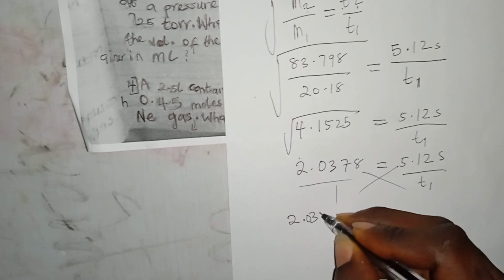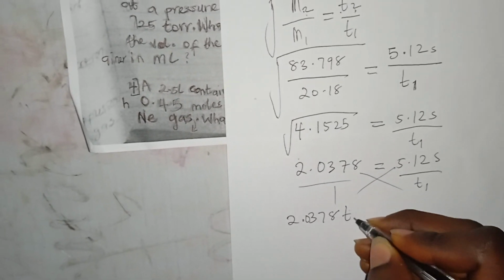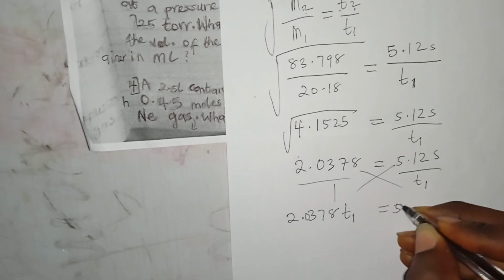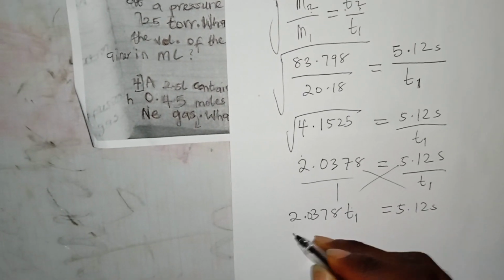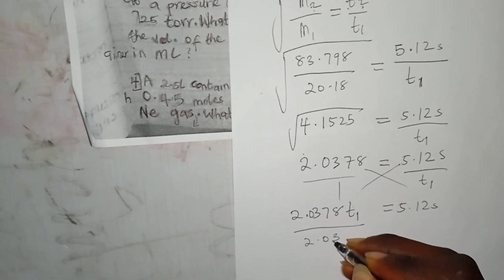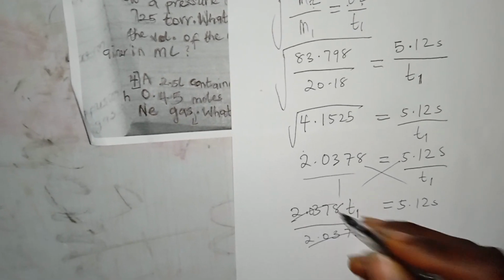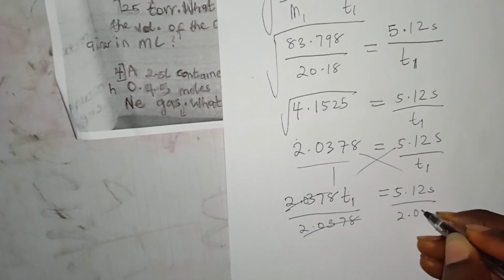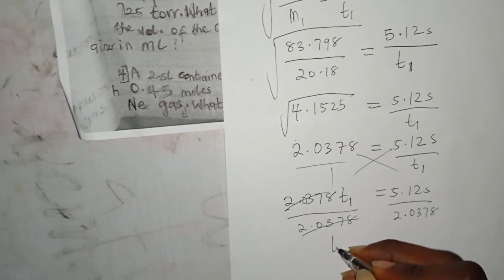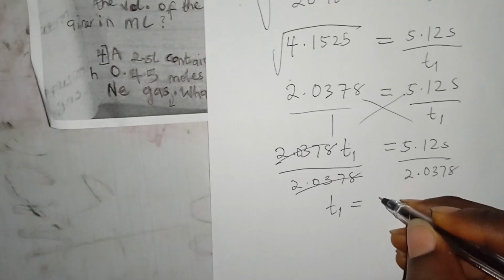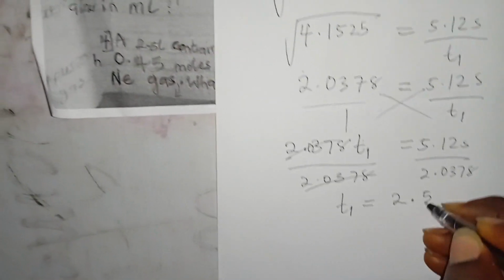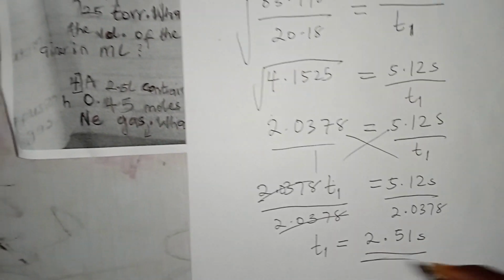So cross multiply, and you have 2.0378 T1 equals 5.12 seconds. Divide both sides by the coefficient of T1, so T1 is going to be equal to 2.51 seconds.